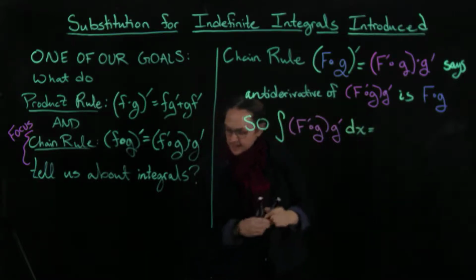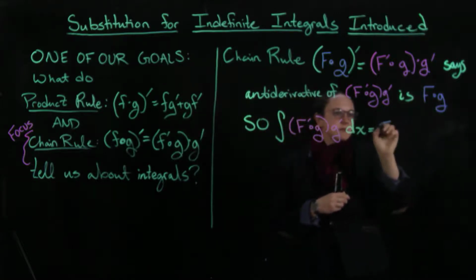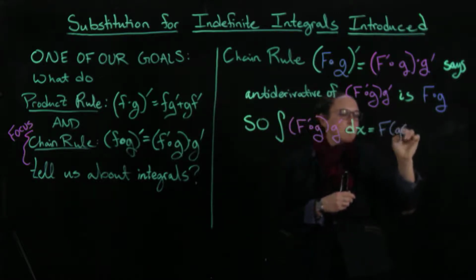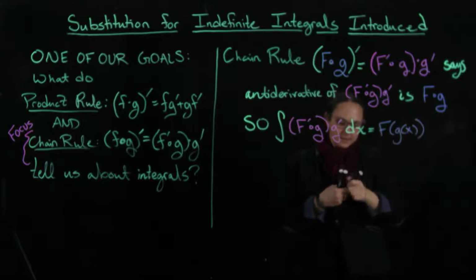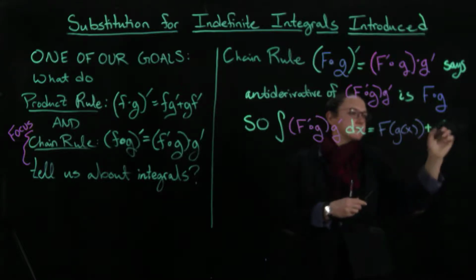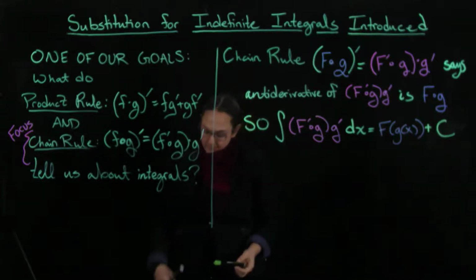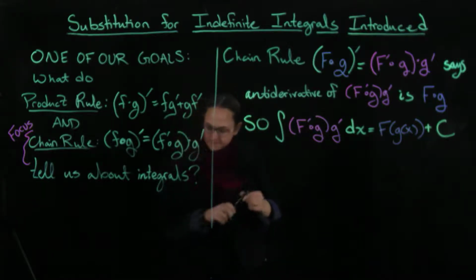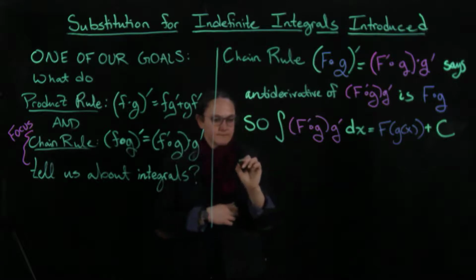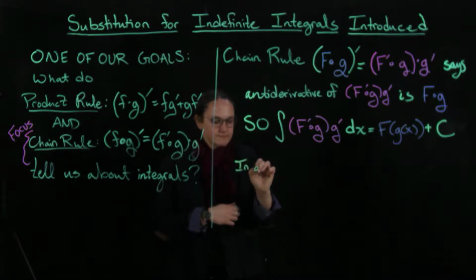So how does this look? This looks like F of G of x plus c. Okay. We've composed the functions. That's all I did there. So in other words, here's our substitution rule.